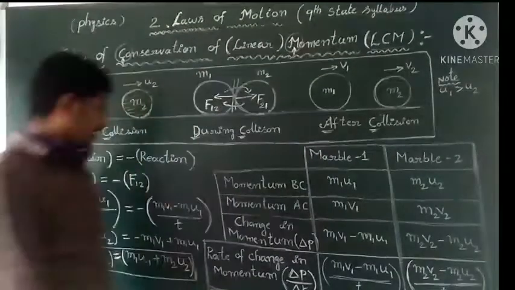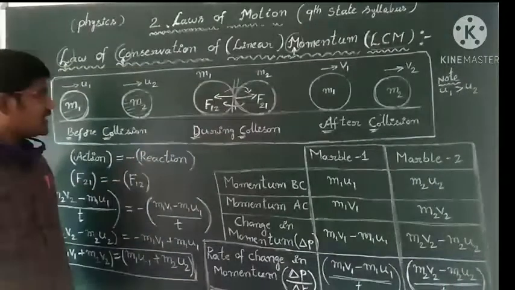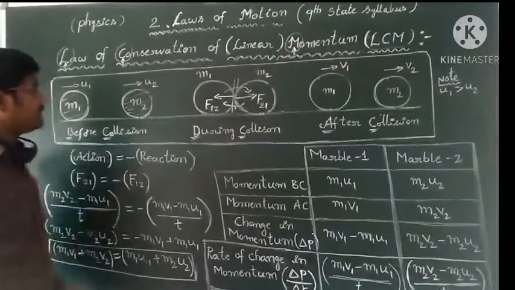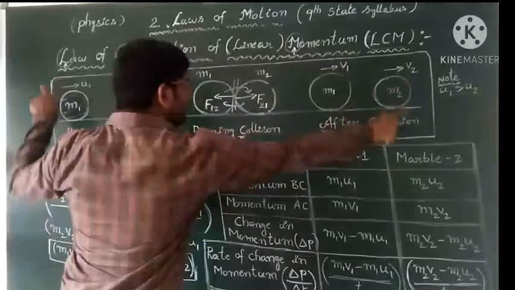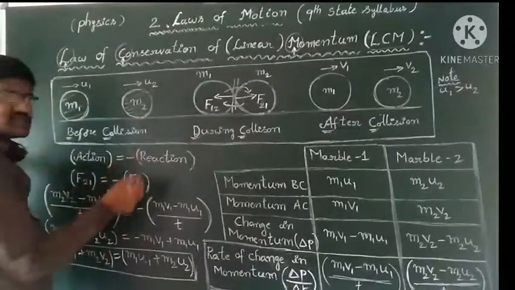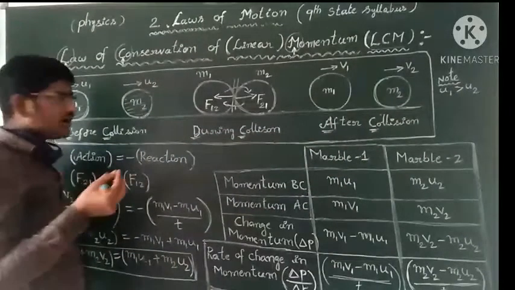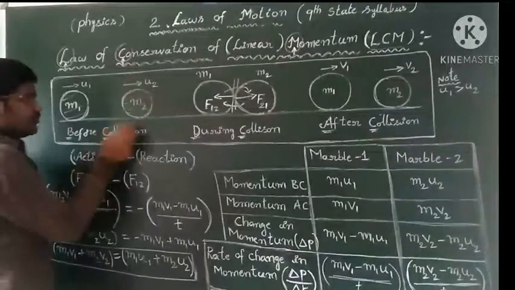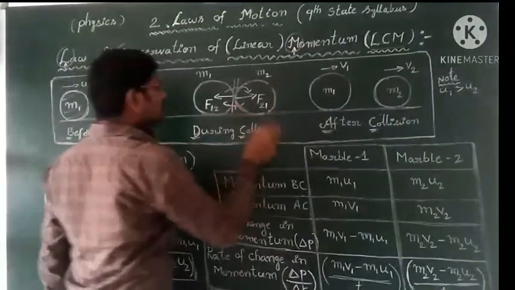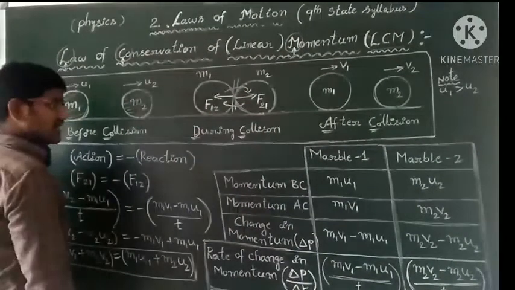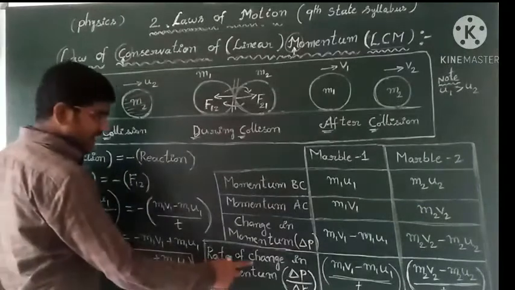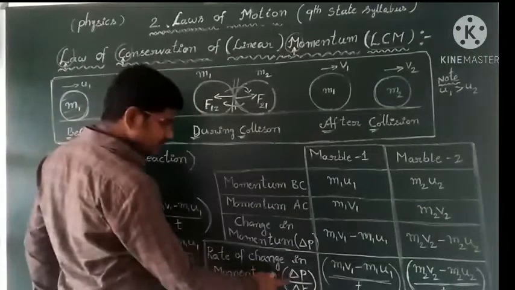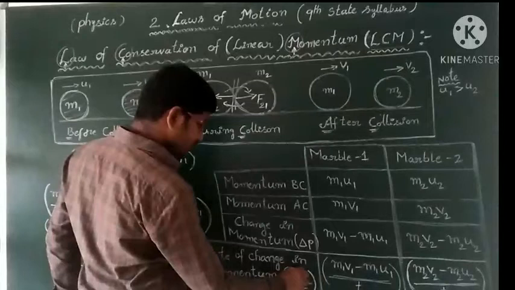Now these changes in momentum occur in a very short interval of time. We are considering the collision for a very short interval, just before and just after the collision, and this interaction time is t seconds. So I am going to write change in momentum by time.